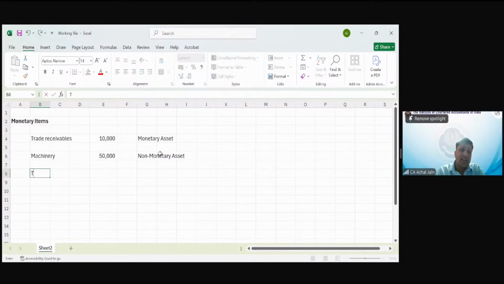Similarly, on the liability side, you will have monetary or non-monetary liabilities. So trade payable, if let's suppose there's a trade payable of say 1 lakh, will you call this monetary or not? Over to you quickly.